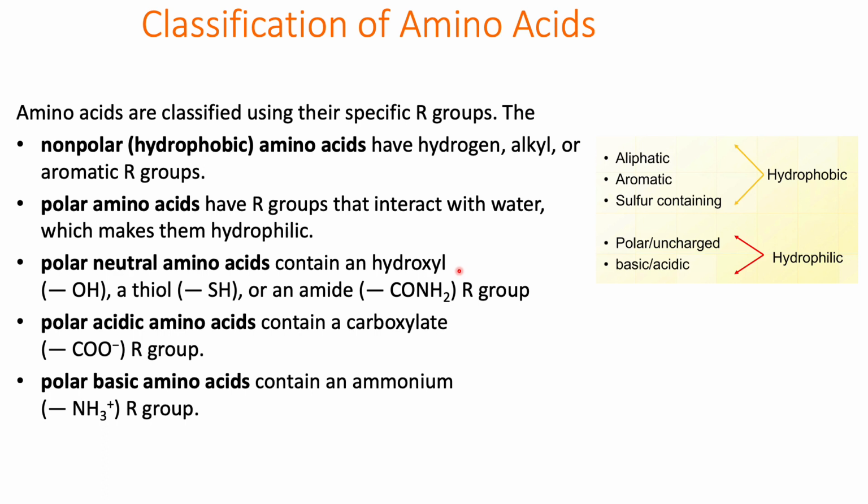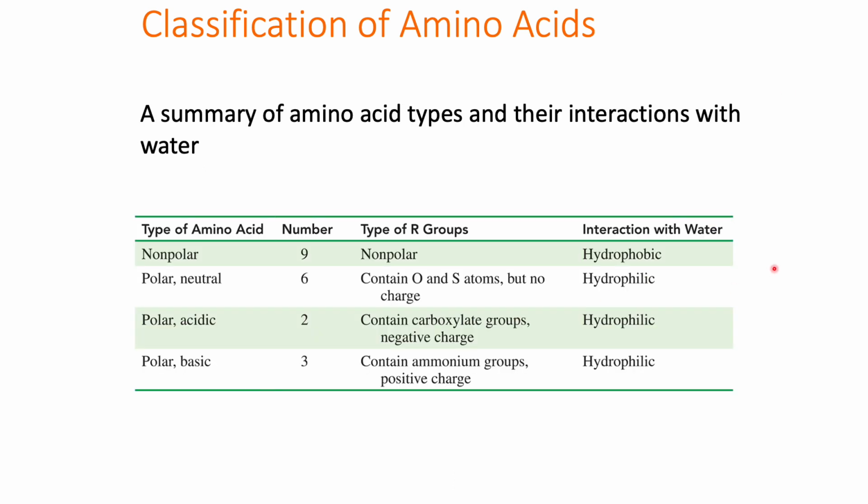So further, based on what R group is present, the amino acids are further classified as aliphatic, aromatic, sulfur containing, and based on their water solubility, they're classified as polar and non-polar. So the polar amino acids are hydrophilic and the non-polar amino acids are hydrophobic. Here's a summary of amino acids and their interaction with water.